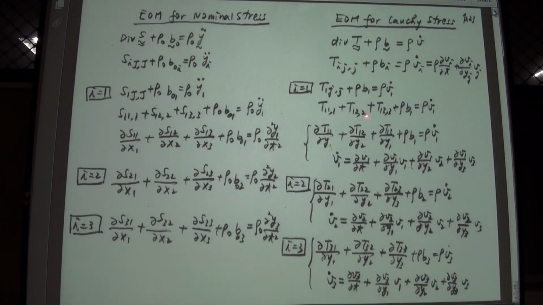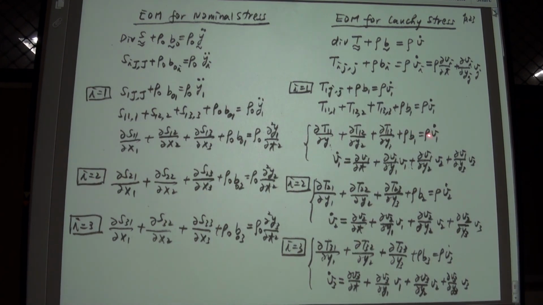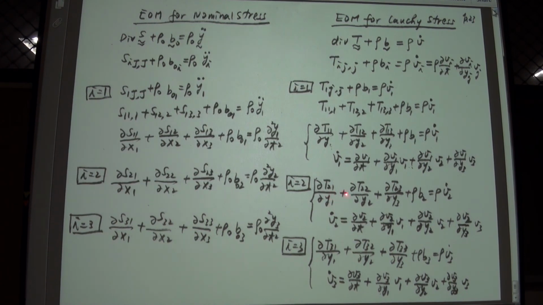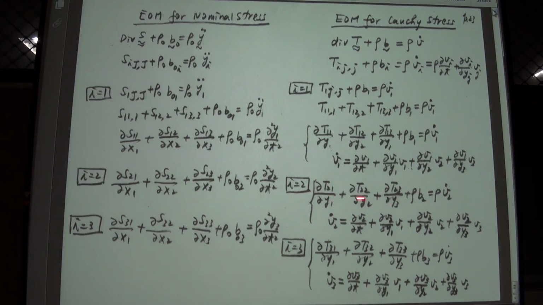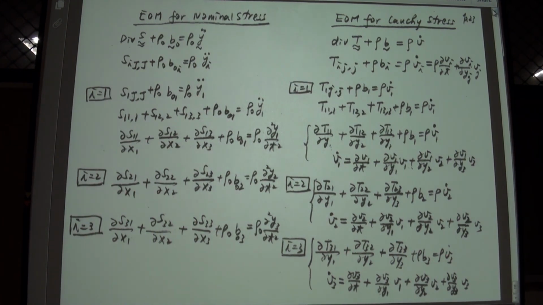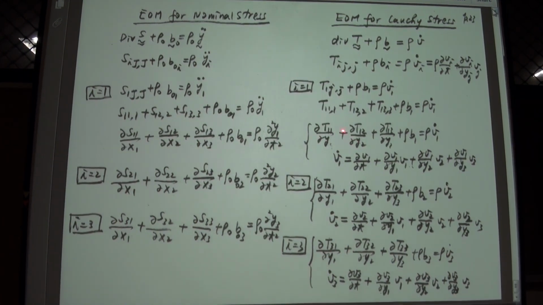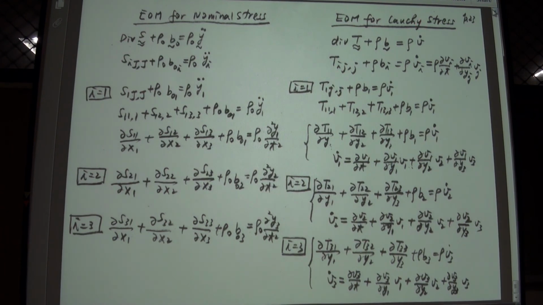So now we write it in this way: the dynamical equilibrium in the y1 direction, the dynamical equilibrium in the y2 direction, and the dynamical equilibrium in the y3 direction. This is the governing equation of the equation of motion for the Cauchy stress.